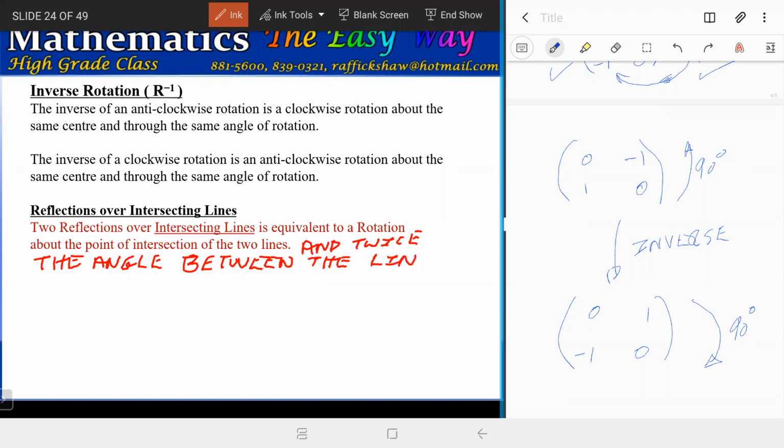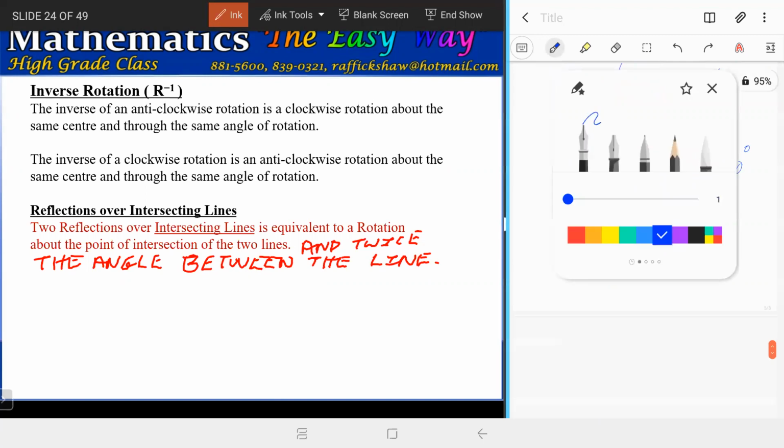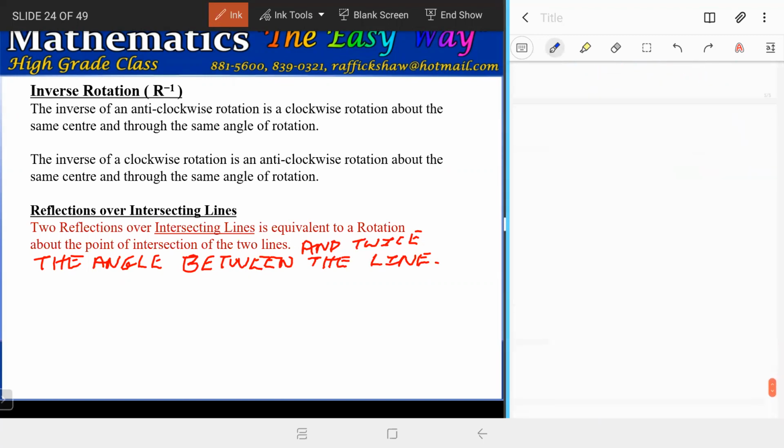Now, what do I mean by twice the angle between the lines? Let me show you before we move on. If I have 2 mirror lines that intersect at this point, mirror line 1, mirror line 2, I'm not talking about parallel lines now, I'm talking about 2 lines that are not parallel and they intersect.